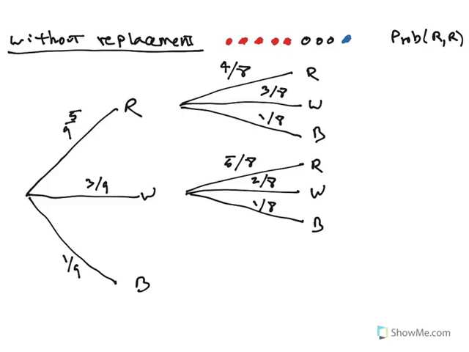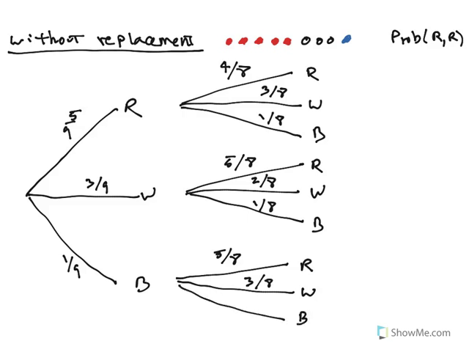What if we drew a blue ball? Well, we'd have 5 red out of 8, and 3 white out of 8, but the blue ball would have gone completely. There is 0 chance of getting a blue ball on the second draw.